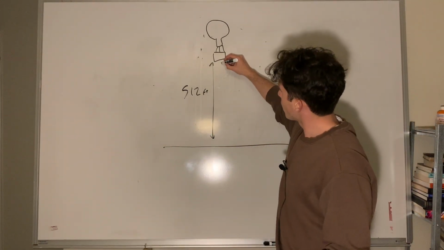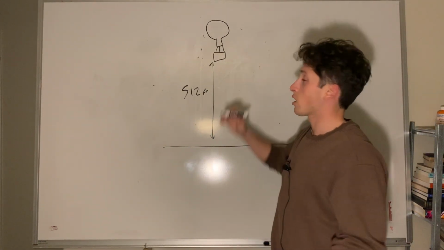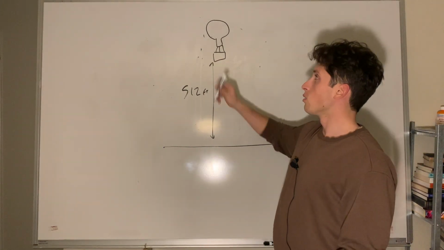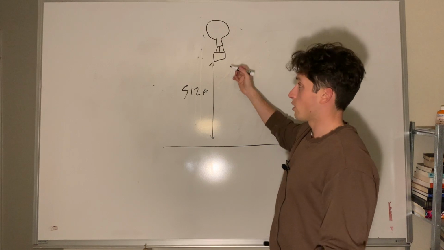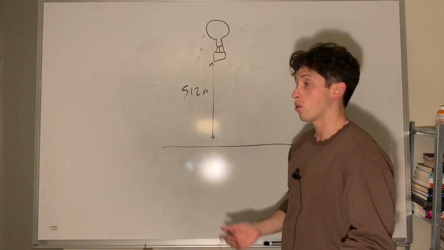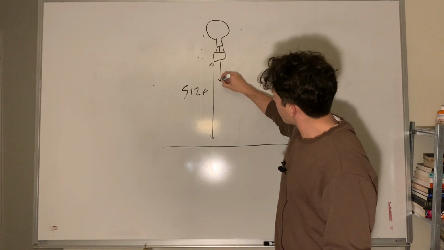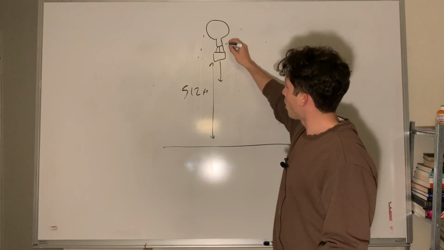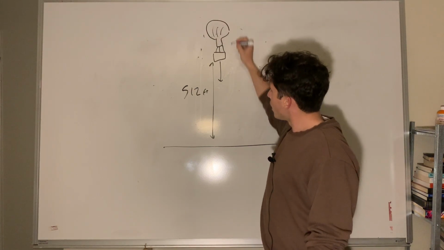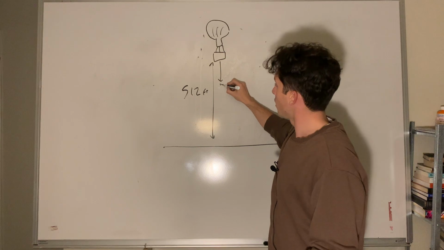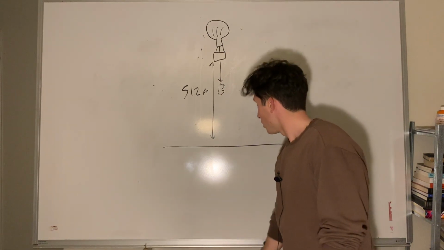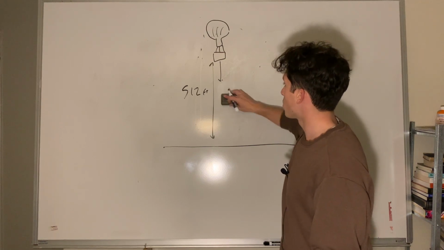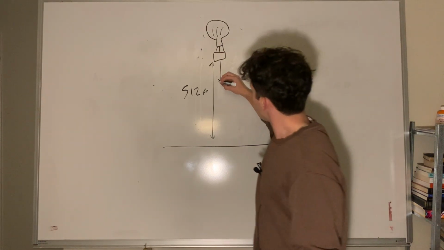And let's say that a bag, because as you might know, the way these balloons elevate is by dropping bags of sand. So let's say this balloon wants to go up and they drop a bag.